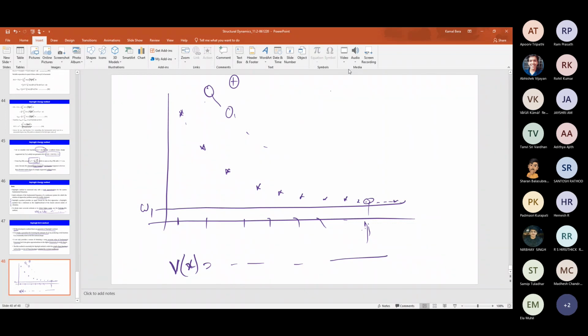I think I have not mentioned this book yet during the beginning of the course. What is the name of the book? Theory of Vibration with Applications or something like that. A very old and very famous book by W.T. Thompson.